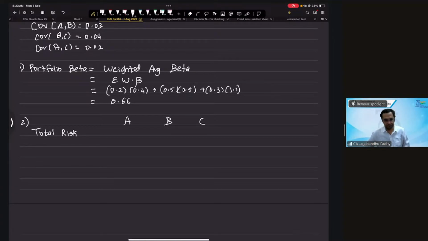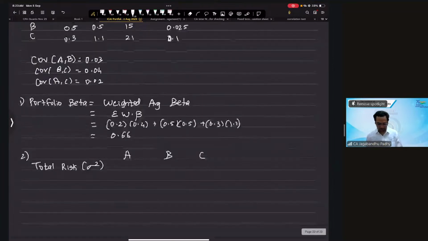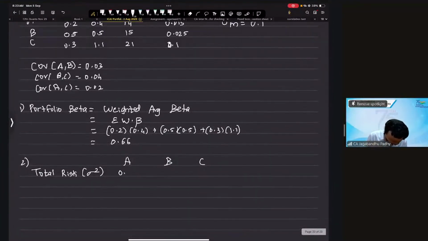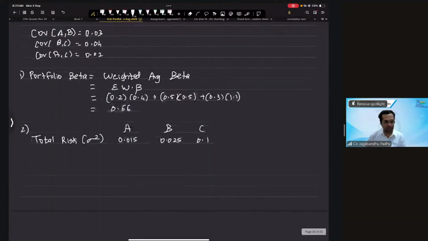Total risk is basically variance, or as per the information we have the total variance 0.015, 0.025, 0.1. That's a total risk.